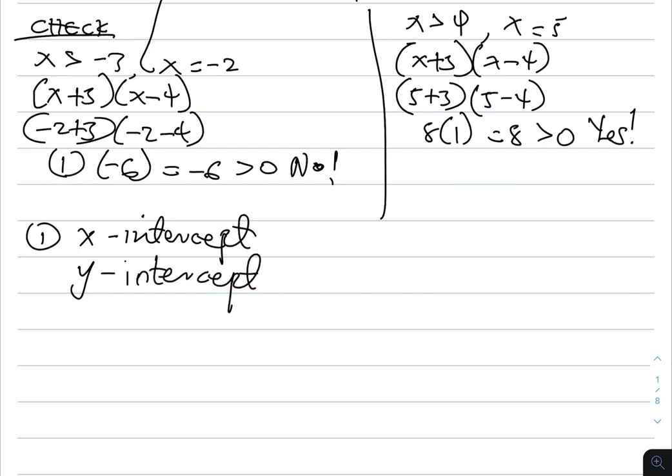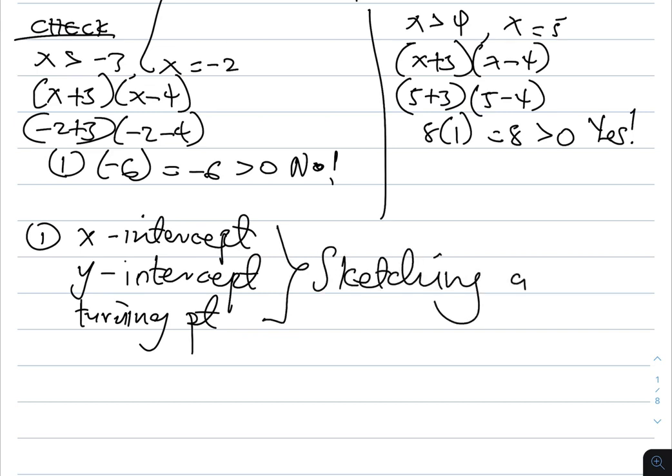That's all, and then you are good to go. Of course, I know some of you are thinking, how about the turning point? Well, you might need a turning point if the question itself is about sketching a curve. But we are not asked to sketch a curve. We are just sketching the curve to help us determine the desirable region.